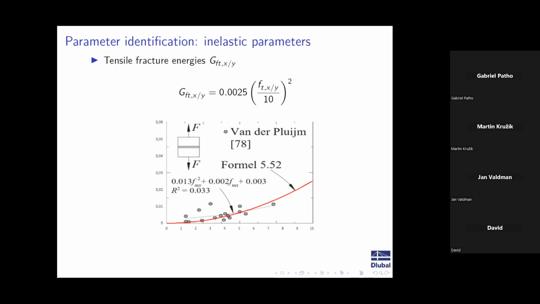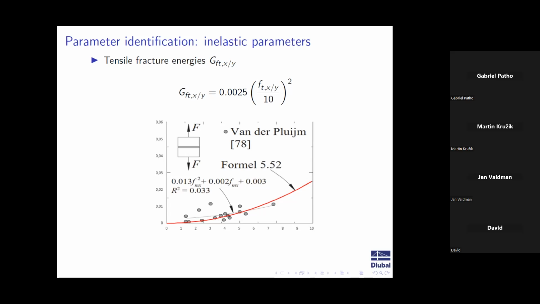At least van der Pluijm has a publication where he related the tensile strength to the fracture energy. Sorry, I don't have my axis labeled, but this is the tensile strength and this is the fracture energy. So we put a very easy expression that fits this curve.